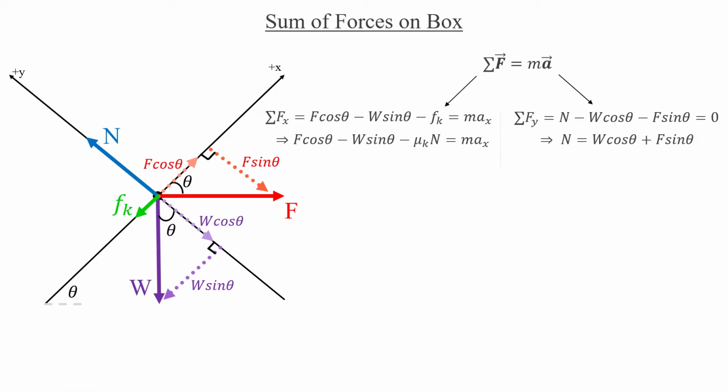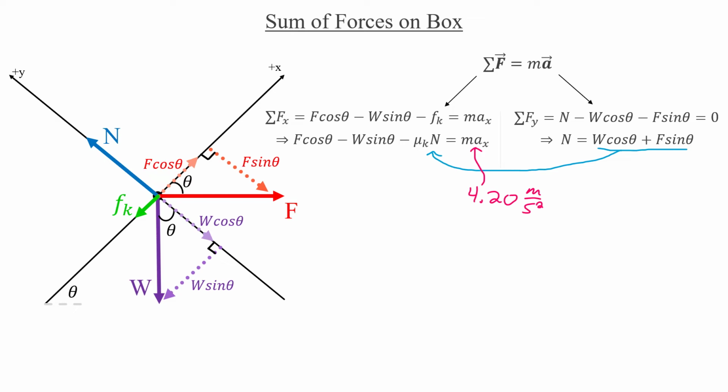The next step is to take what I've underlined in blue here, the expression for the normal, and plug it in over here. Don't forget, we have the 4.20 meter per second squared value we can plug in here as well.